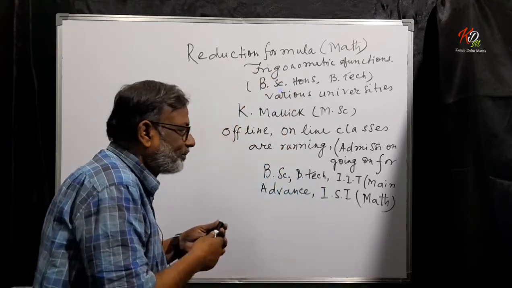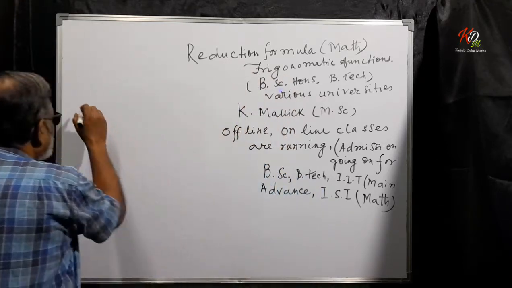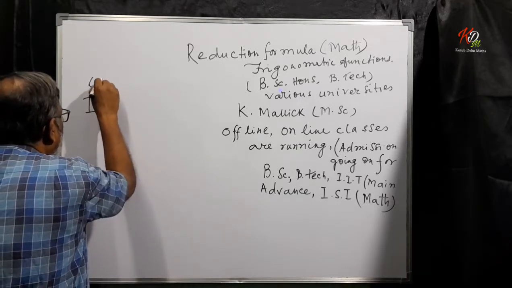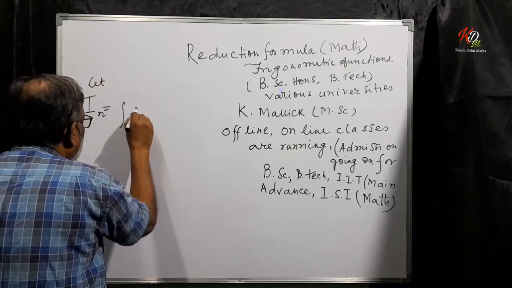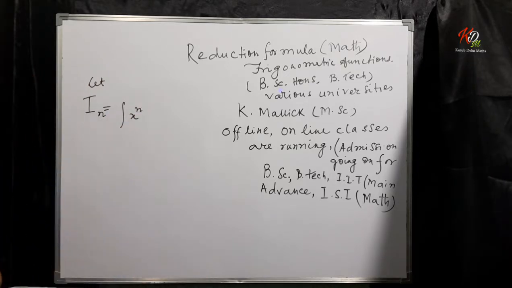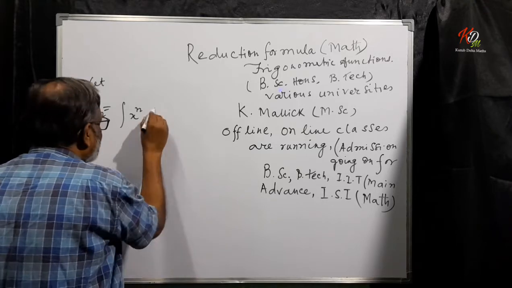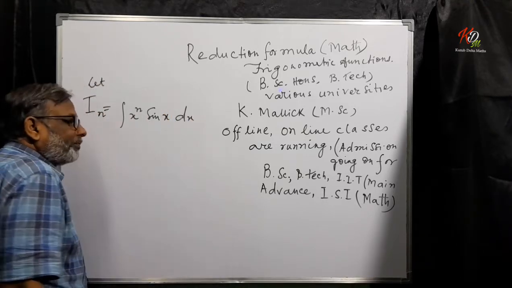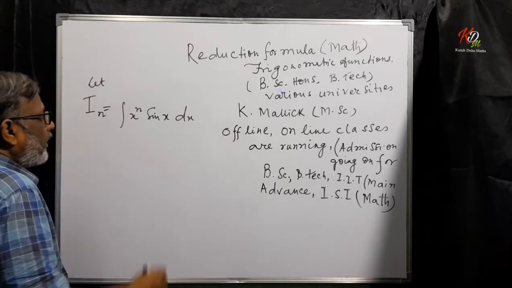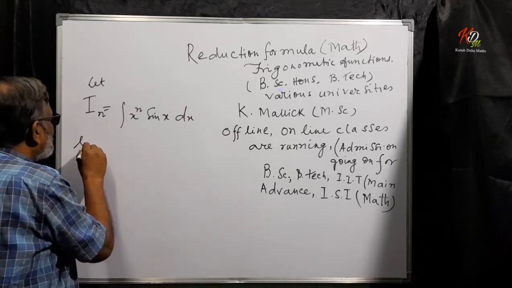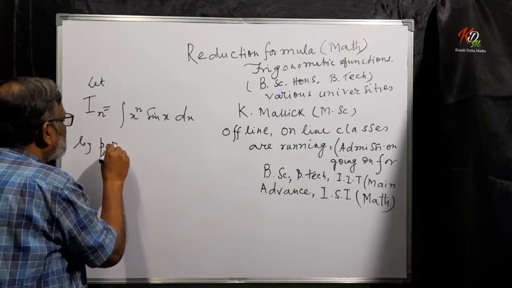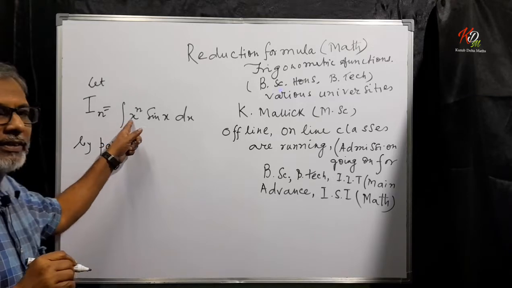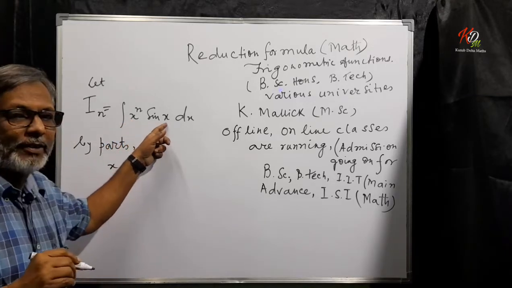Integration I_n. Let I_n equal integral of x to the power n sin x dx. Integration by parts: x to the power n as the first function and sin x as the second function.